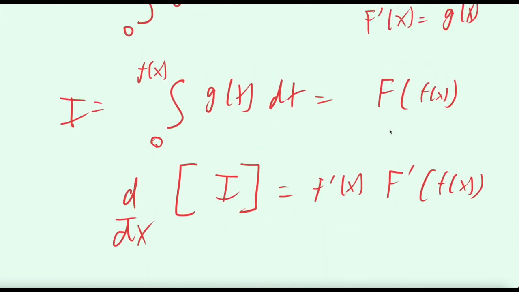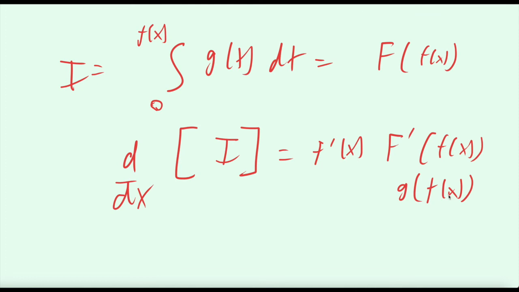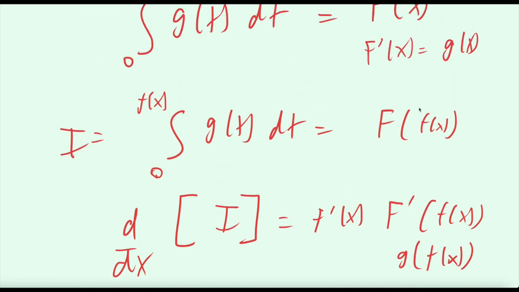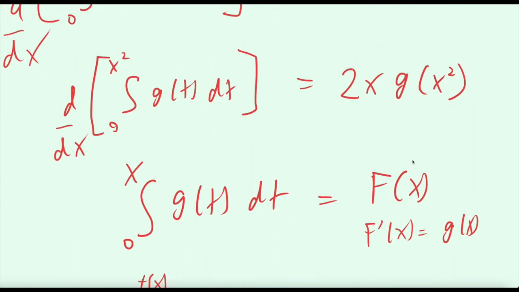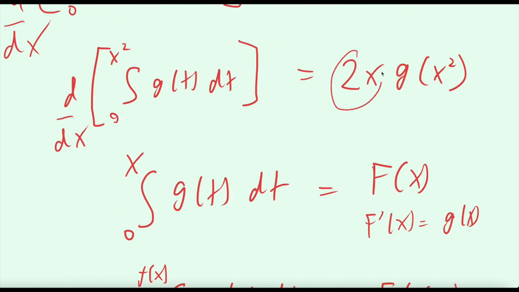So f prime of f of x is basically g of f of x. So if we put f of x as x square, we get g of x square, and into f prime of x, which gives 2x, so 2x into g of x square. So that's basically what I meant when I said you can directly put x in some cases, and in these cases you can't.